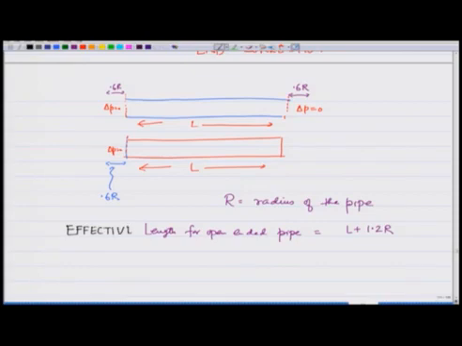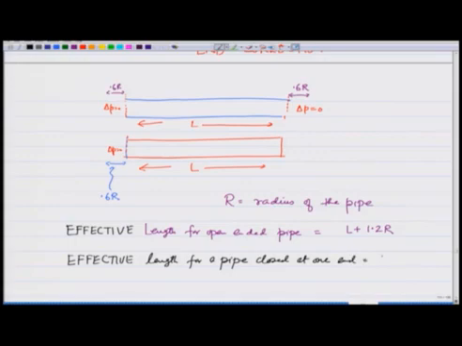And similarly, the effective length for a pipe closed at one end will be equal to L plus 0.6 r.